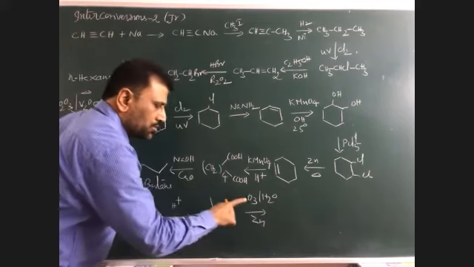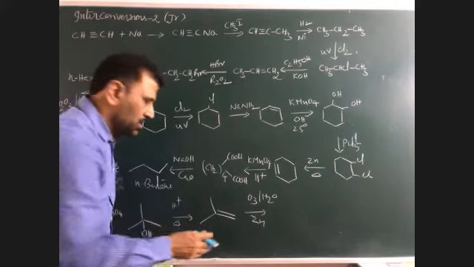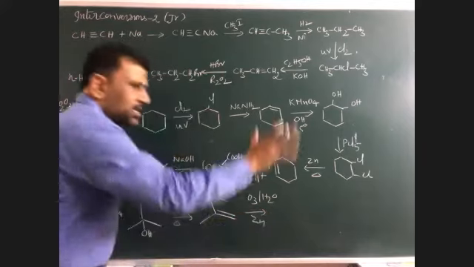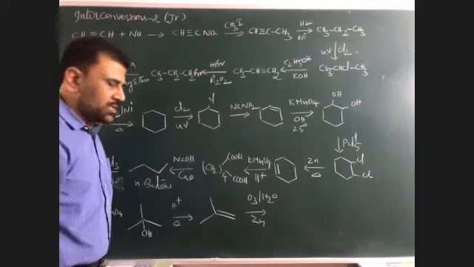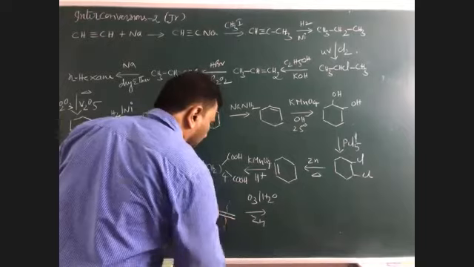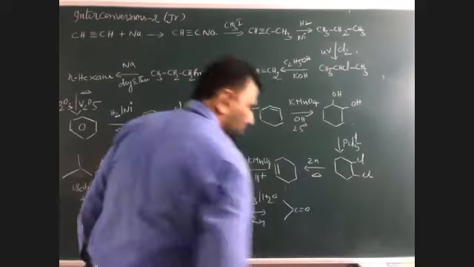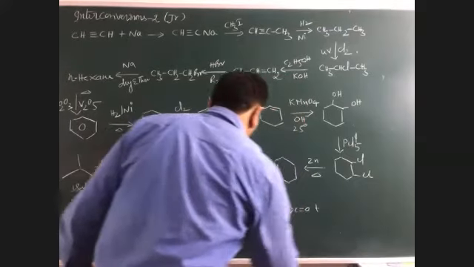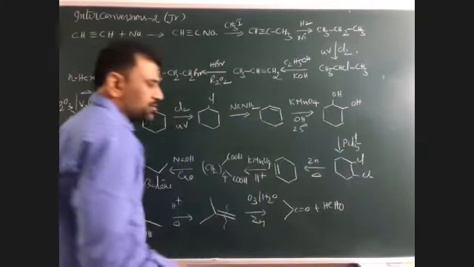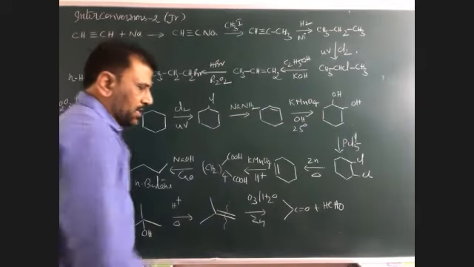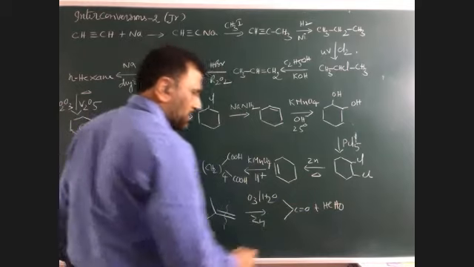If zinc is used, they produce only aldehydes and ketones. If zinc is not used, corresponding acids will be formed. It cleaves here to form this compound, acetone, and this compound is formaldehyde. So these are the 2 compounds, acetone and formaldehyde.